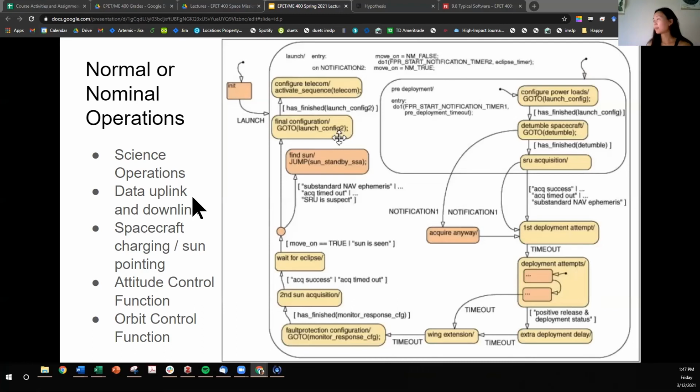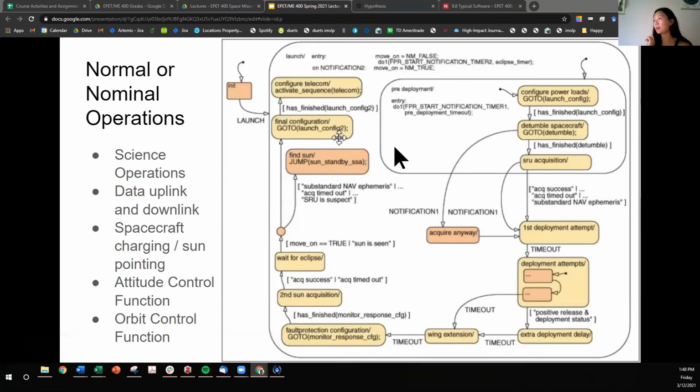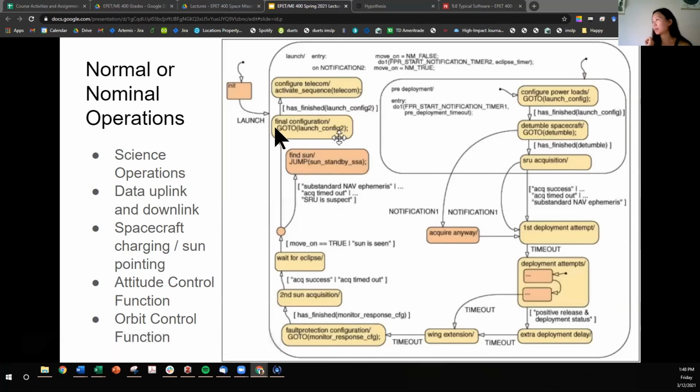So let's go into this state transition diagram. Upon launch, we enter this operation where one node, one state, is a configuration.